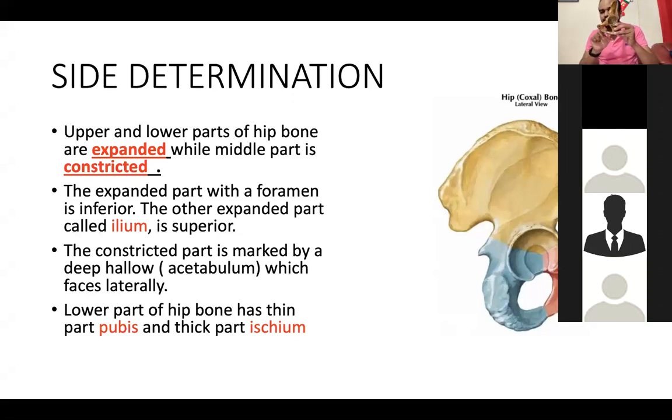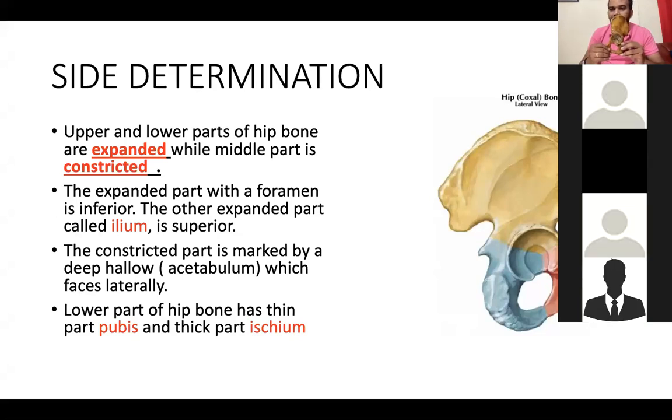Obturator foramen. So the expanded part of the hip bone with the foramen has to be placed inferiorly, and the other expanded part, which is fan shaped and called the ilium, has to be placed superiorly. Is this point clear to you? Yes, sir.